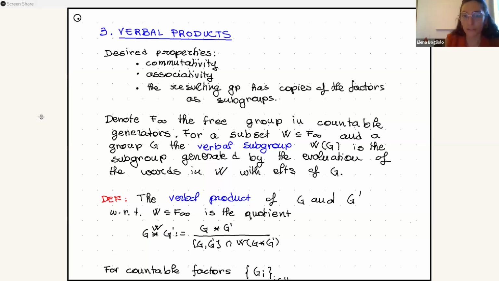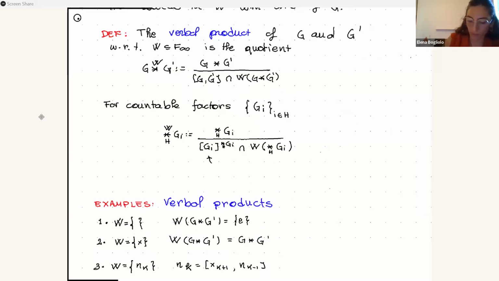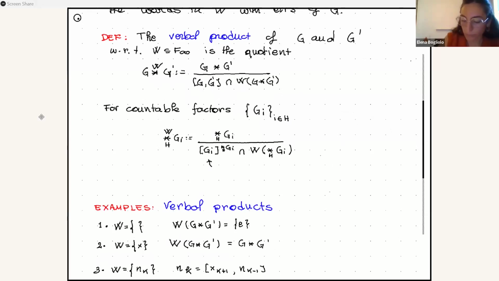We give the analogous definition also for countable factors. So if we consider countable groups Gi, then we define the verbal product of these Gi as the quotient of the free product of the Gi divided by the intersection of the commutator subgroup with the verbal subgroup.